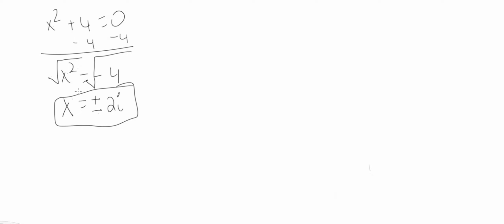Now I could have done the quadratic formula here. If I was doing the quadratic formula, a is 1, b is 0 because there's nothing in front of the x, and c is 4.